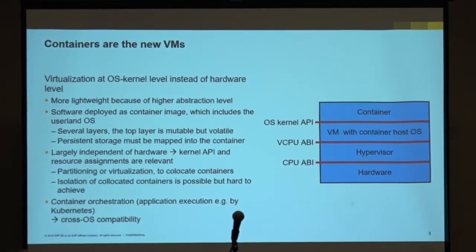Only the top layer of the container is mutable, but the mutations are volatile, so they are not persistent. For the database, it means that the persistency needs to be stored somewhere else, outside of the container, in some kind of network volume or a local volume, and somehow mapped into the container.